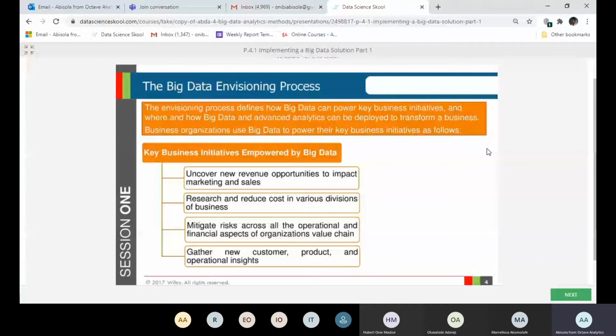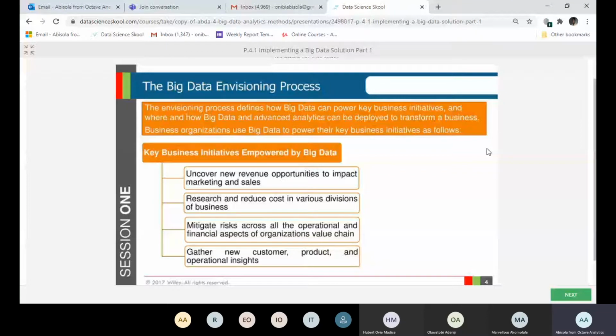The big data envisioning process, as the name implies, is where you are researching and then trying to create a picture of what you're trying to create. Big data solution engineering is the phase where you actually perform or implement these solutions for the company.